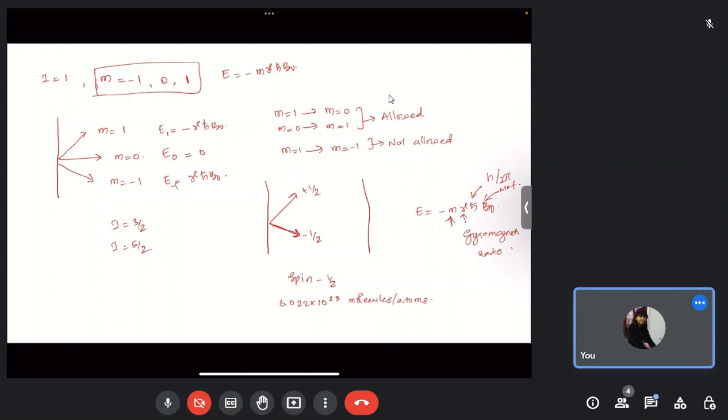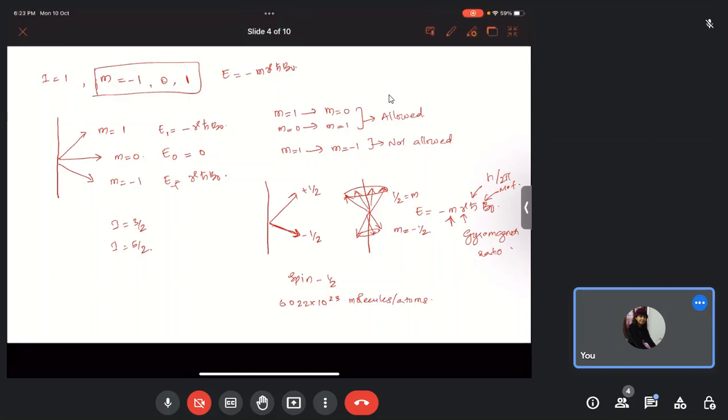We'll have most of the spins aligning in this particular orientation with the m value of 1 by 2, and some spins aligning like this with the m value of minus 1 by 2. This happens when you place the system inside the magnetic field, with a B0 field in this particular direction.